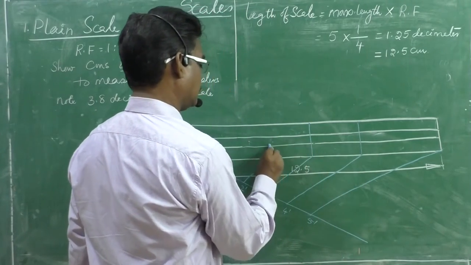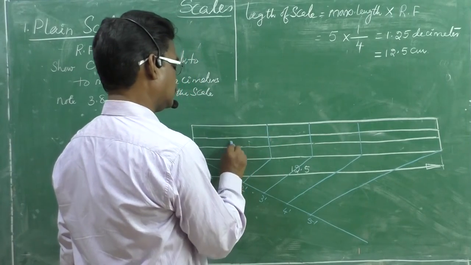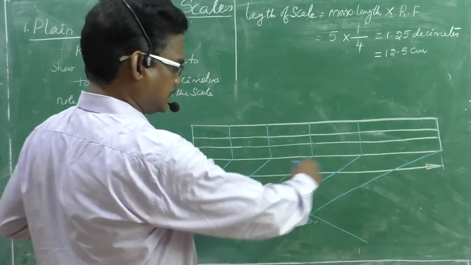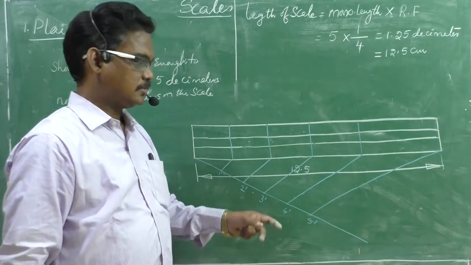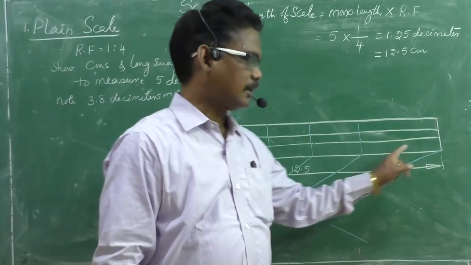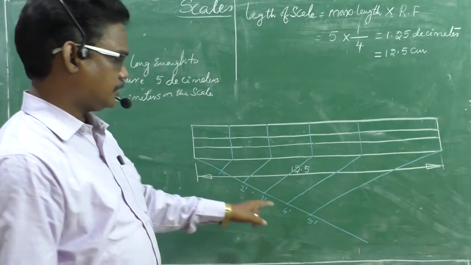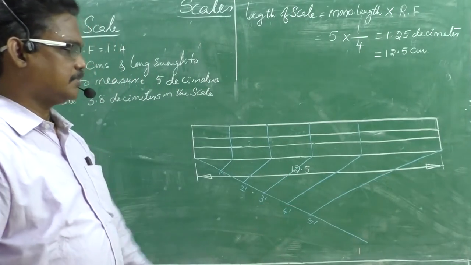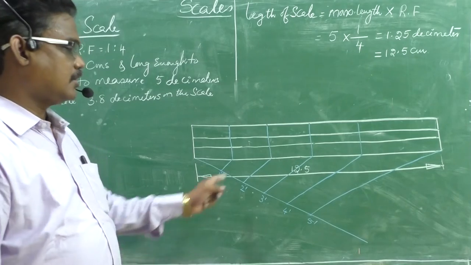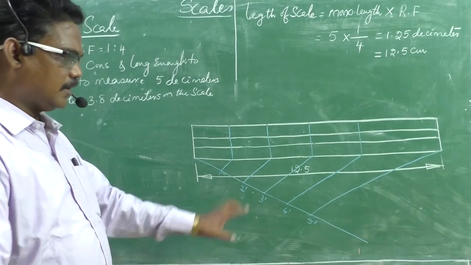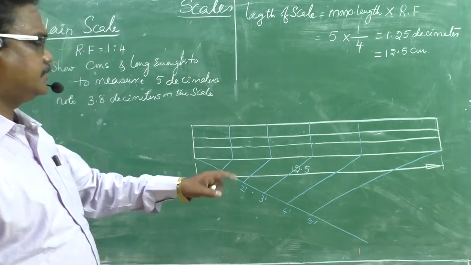This is one division and this is one division. If you consider an exact scale, you get equal divisions. This division seems to be lengthy, but if you take an exact scale and exact parallel lines, all will be equal.